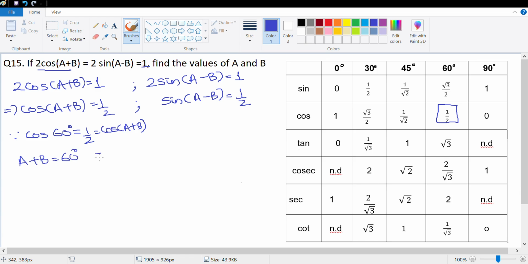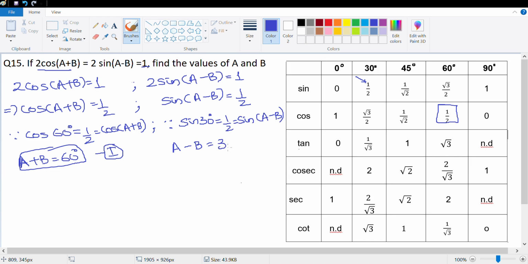That's my equation 1. We will get another equation from the second part of the question, and then we can solve them simultaneously. Since sine 30 degree is equal to half, which is given equal to sine (a minus b), what we get is a minus b is equal to 30 degree.